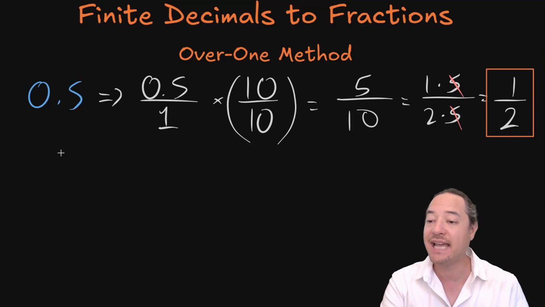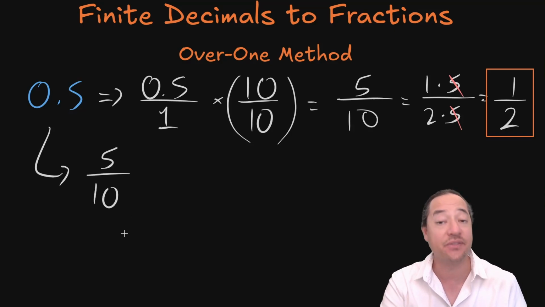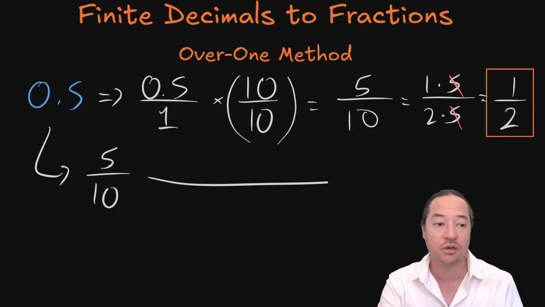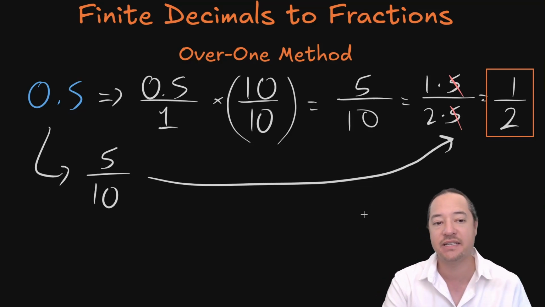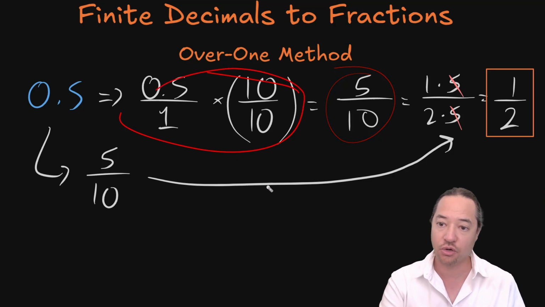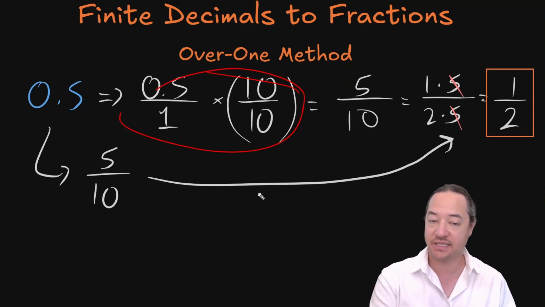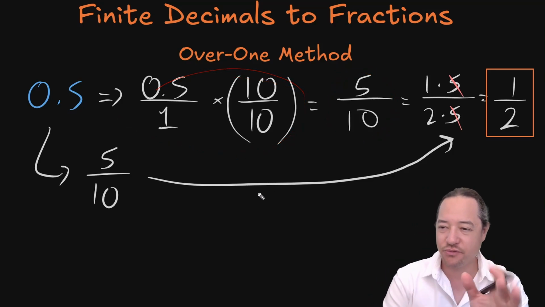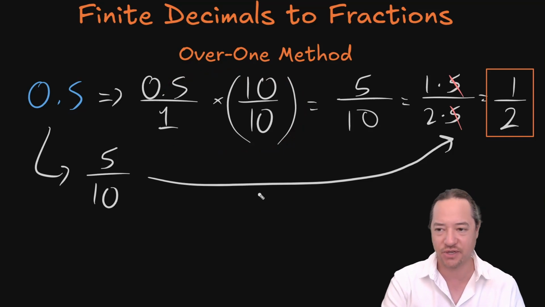And then from here, we can simplify it to 1/2, right? So you shortcut right to the 5/10 here. You don't have to go through this whole multiplying by 10 over 10 thing. Once you've done this a couple of times, you figure out what's going on, right?